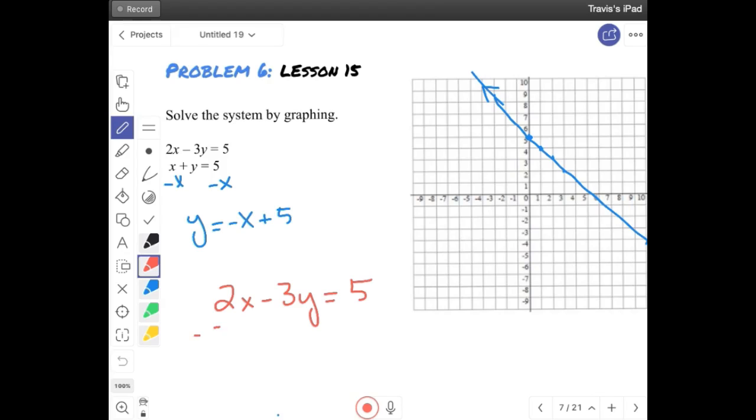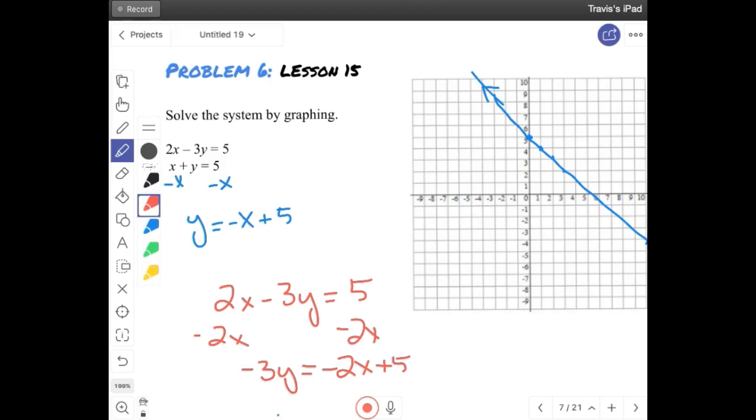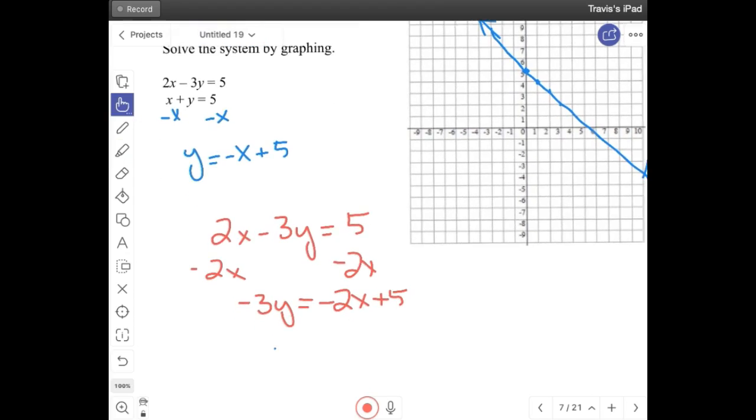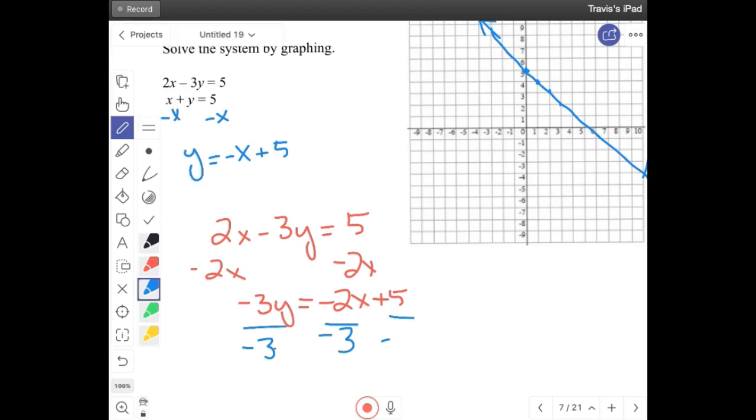Now my second one is going to be a little bit more work, but not too much. So minus 2x, minus 2x. So we have negative 3y is equal to negative 2x plus 5. Divide by negative 3. Maybe this won't be too bad.